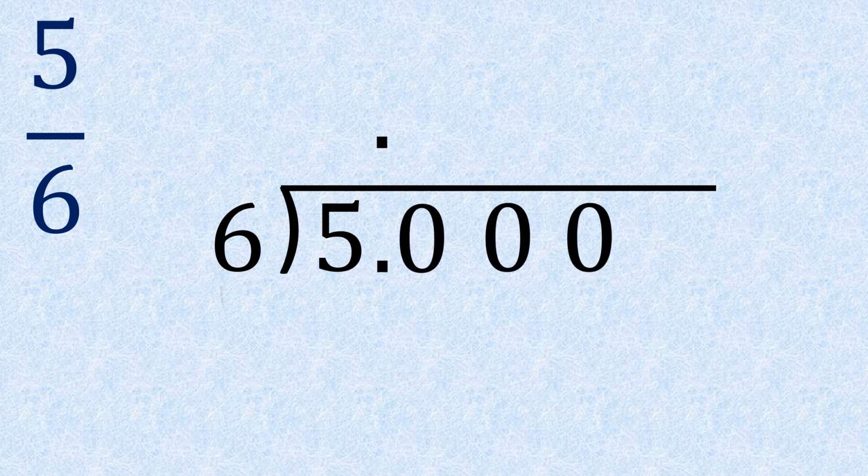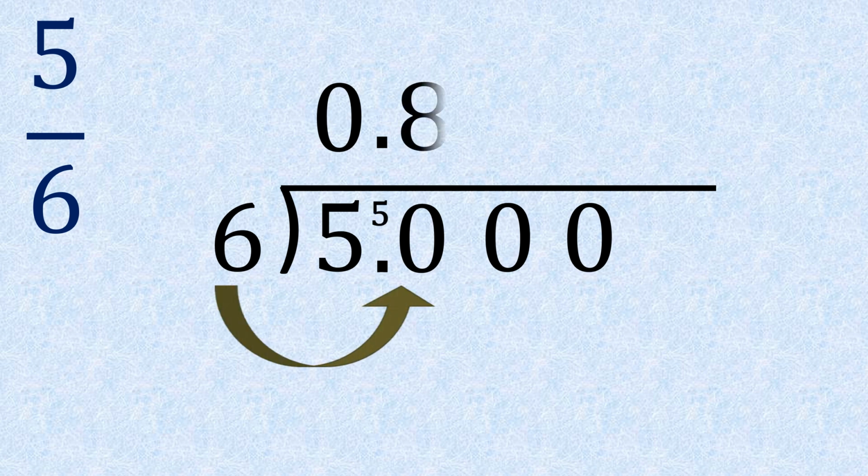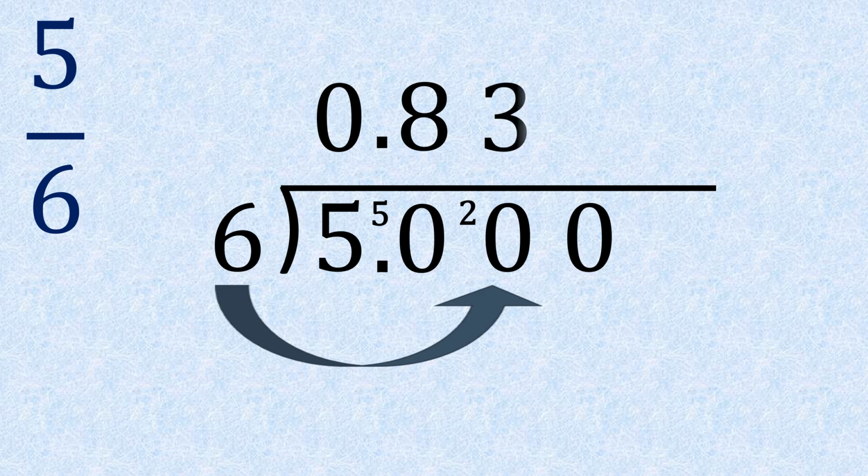5/6 then, we're going to write that out, fill in our decimal point and the zeros. So 6 into 5 doesn't go, 0 up top, carry the 5 over. 6s into 50 goes 8 times with 2 remainder, giving us 20. 6s into 20 goes 3 times, giving us 2 remainder again, giving us 20.